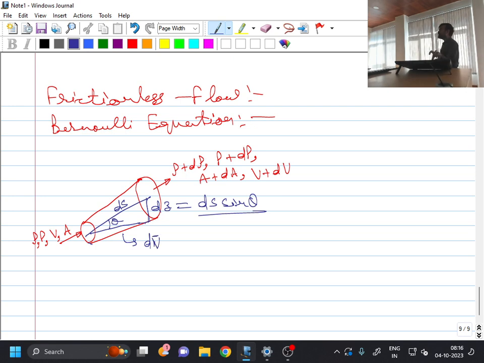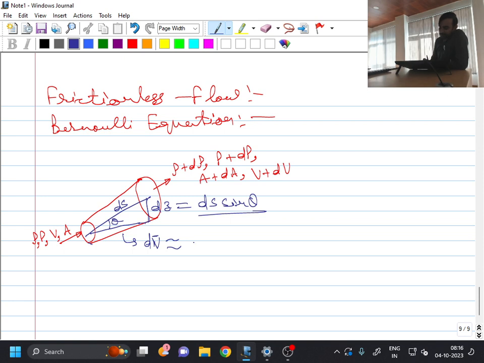If dV bar is the volume of the stream tube, what will be its approximate value? A is the area at one end and it is displacing through distance ds along the streamline.